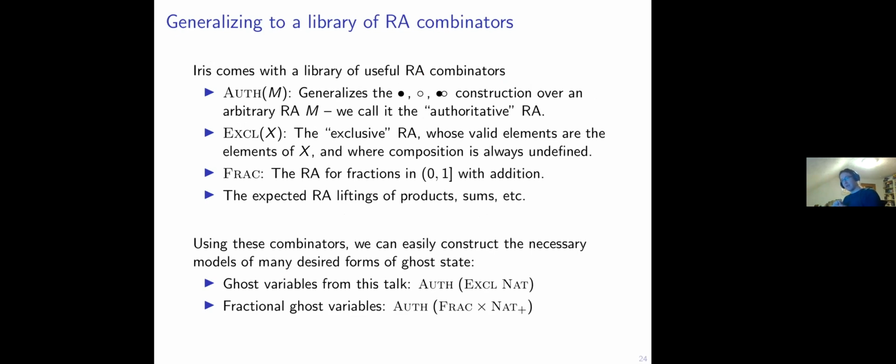If you now take finite partial functions and make the codomain exclusive of something, then you exactly recover the usual heap PCM, where composition is only defined if the domains of the two heaps are disjoint. So this is just one of the ways in which the Iris approach can take well-known PCMs and decompose them into smaller and individually reusable pieces.